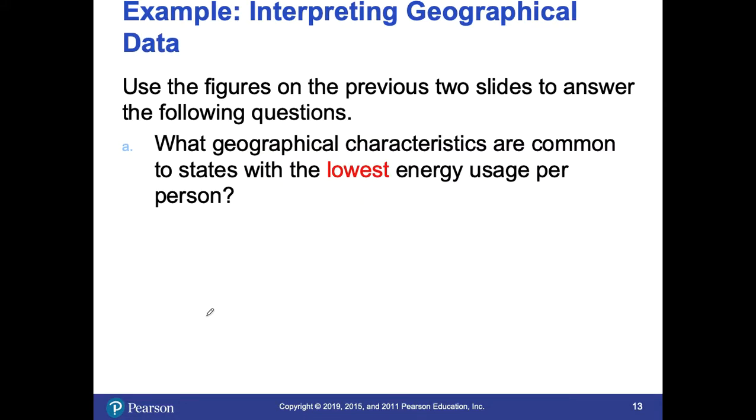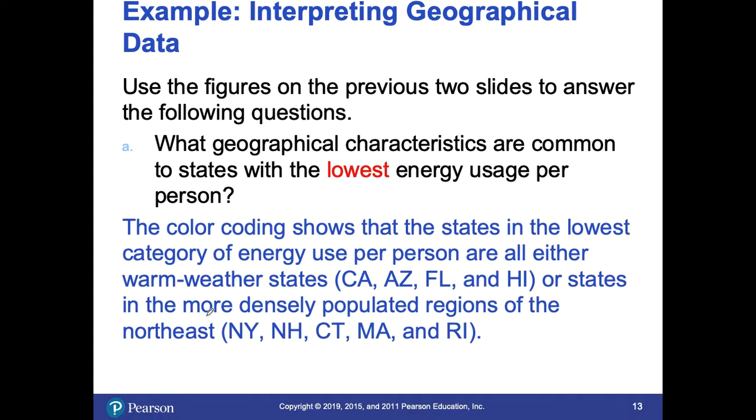But going back 2 more slides, what do we notice about the energy used per person? Well, the color coding shows that if you're in a warm weather state or a more densely populated state, then we're actually using a lot less energy.